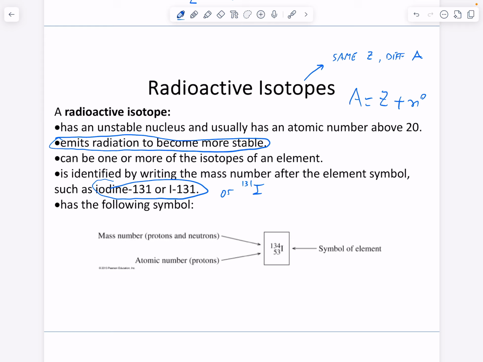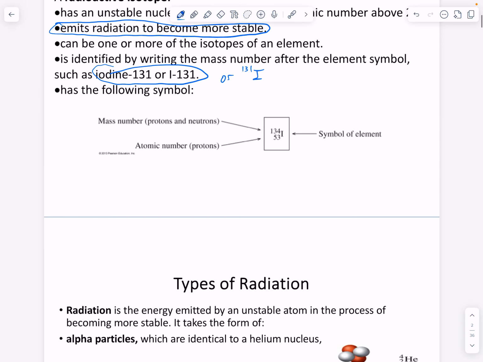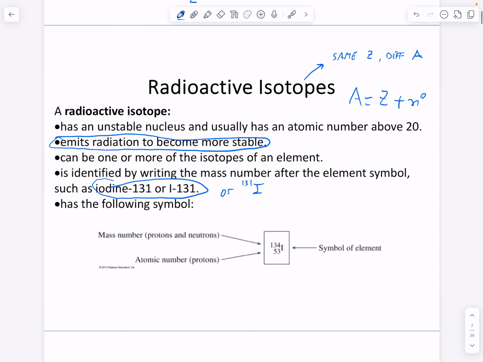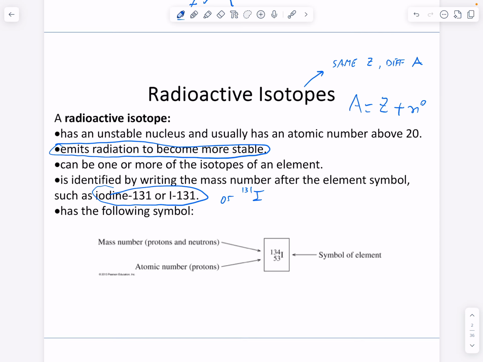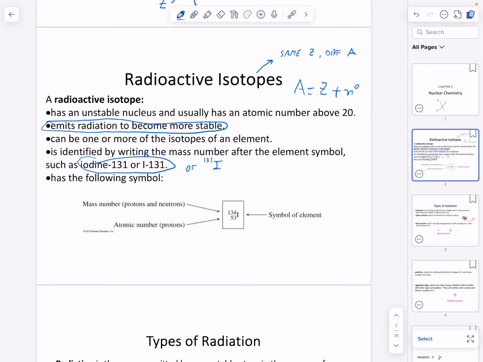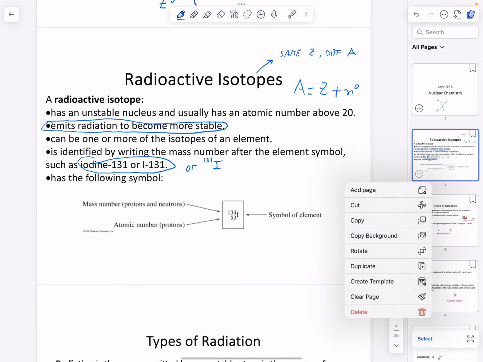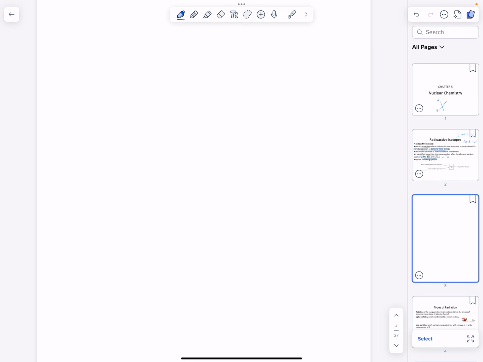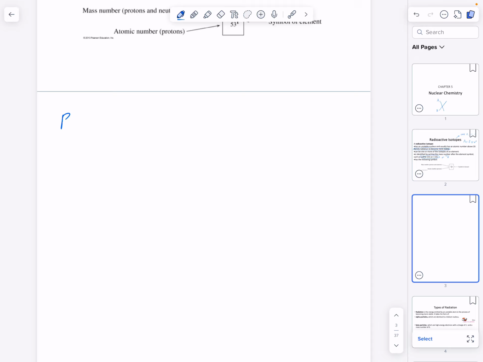Okay, so now let me tell you quickly, before I continue with these types of radiation, a story. Let me create a new page here. There was a scientist called Becquerel. I think his name was Henry, Henry Becquerel.